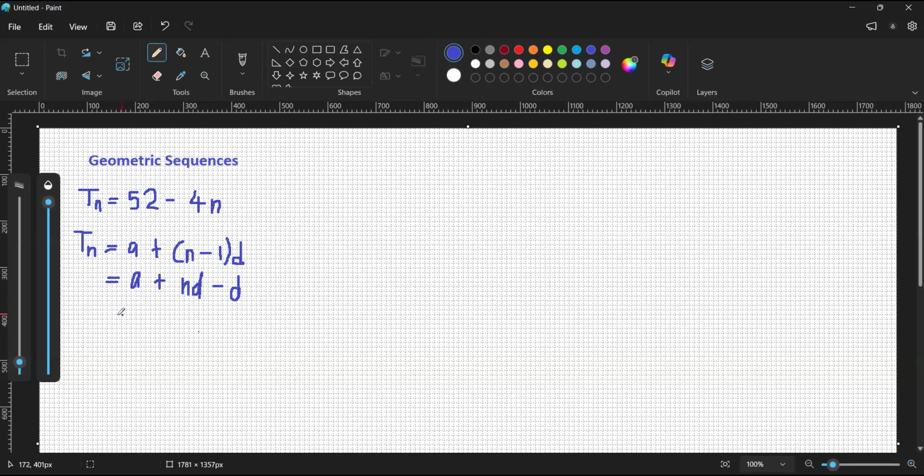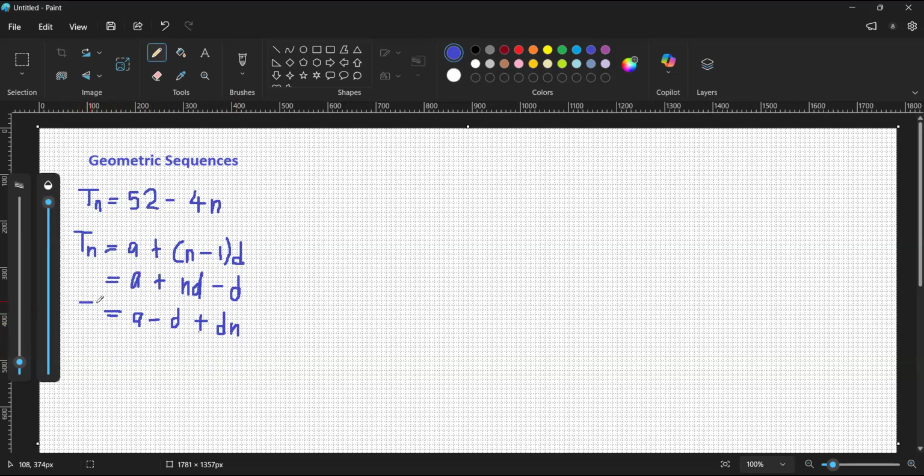Once we understand that, let's rearrange this formula in terms of the ones that cannot change versus the ones that can. A and minus D come together; I just brought the minus D closer to A. Then I'm left with plus Dn. So we have A minus D, and then Dn.